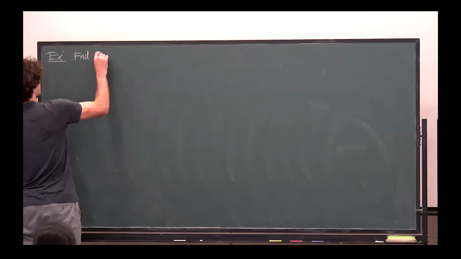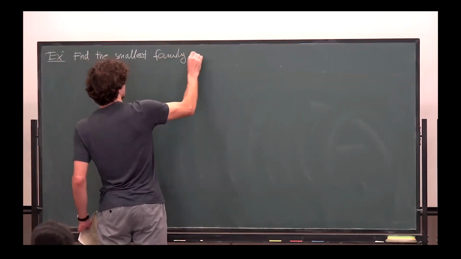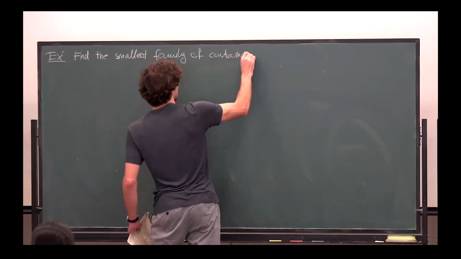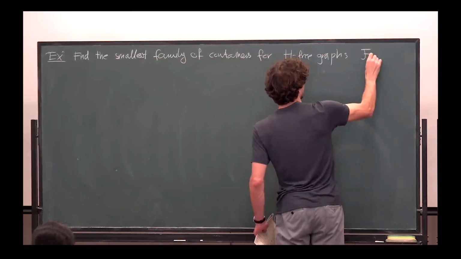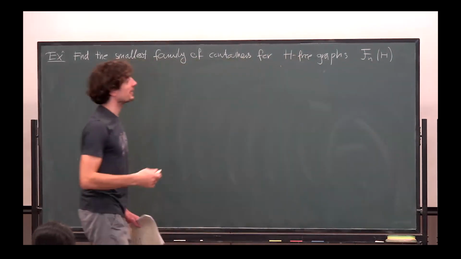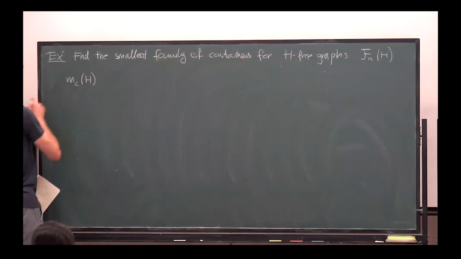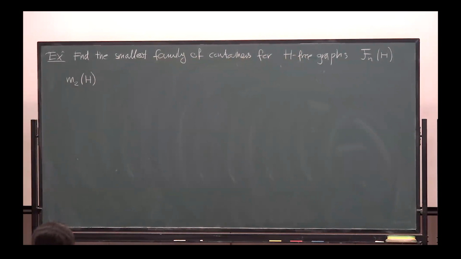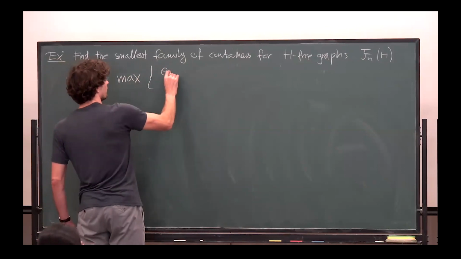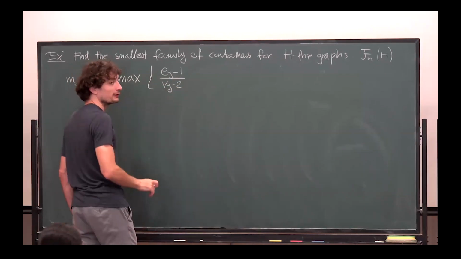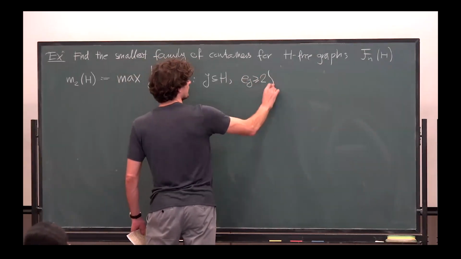Find the smallest family of containers for H-free graphs, meaning the family of all subgraphs of K_n that don't contain a copy now of some graph H. More explicitly, the important parameter here is the so-called 2-density of H, which is the maximum value of the ratio of the number of edges minus 1 divided by the number of vertices minus 2, where J ranges over all subgraphs of H with at least 2 edges.